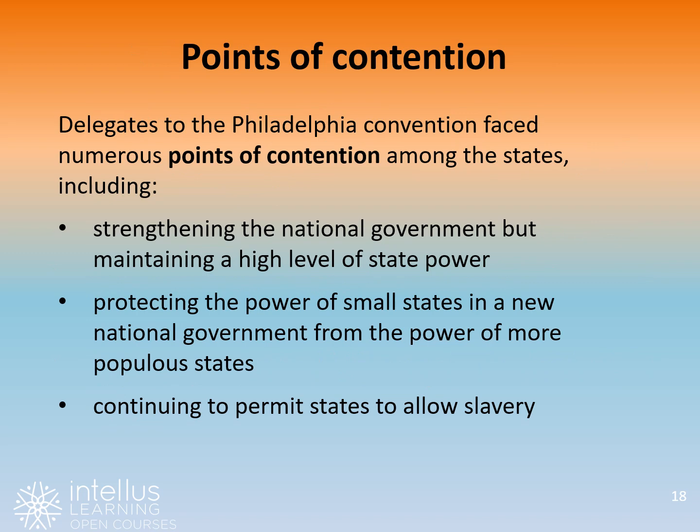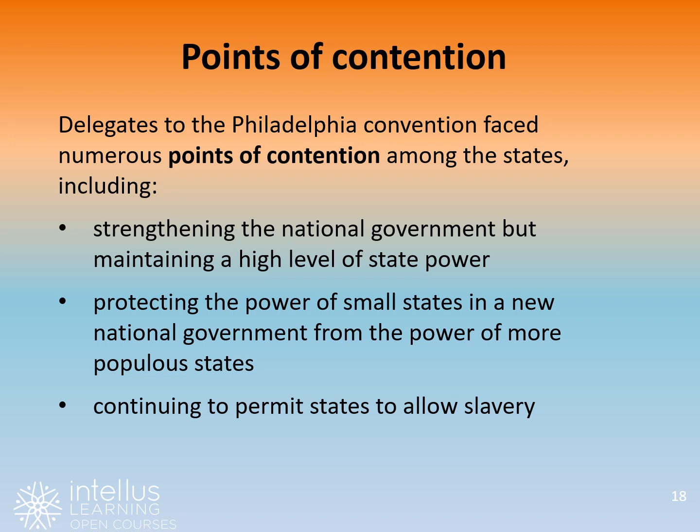They faced numerous points of contention among the states at this delegation. So some of those are highlighted on here. They faced strengthening the national government, but maintaining a high level of state power. So that fine balance between federal and state power.